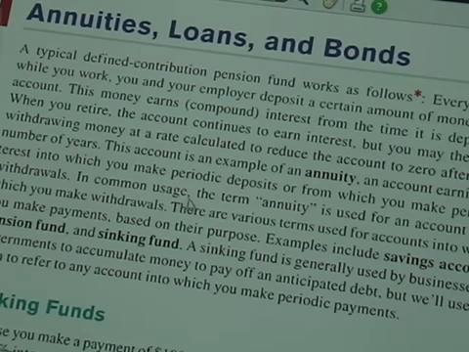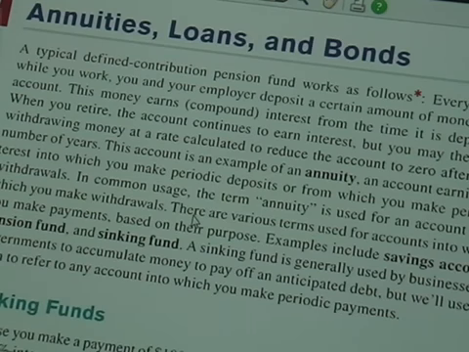In common usage, the term annuity is used for an account from which you make withdrawals, but it could also be payments. There are various terms used for accounts into which you make payments based on their purpose. Examples include savings accounts, pension fund, and sinking fund.